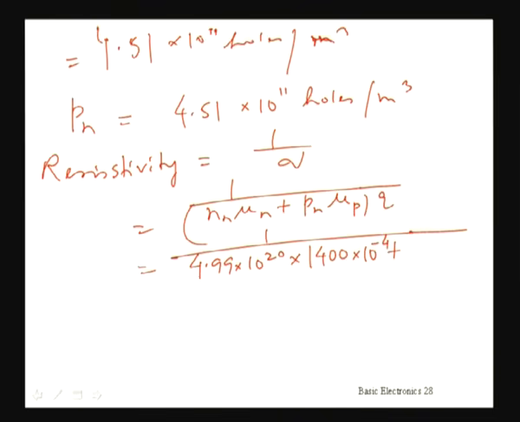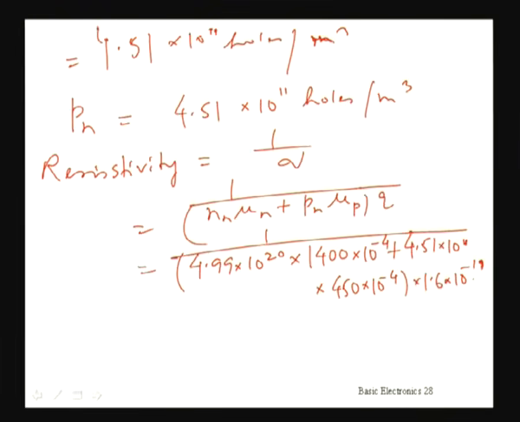the hole concentration I have found out, 4.51 into 10 to the power 11 holes per meter cube, into the mobility of holes, which is 450. Again I will be multiplying by 10 to the power minus 4 to bring it into meter square unit. The whole thing I will have to multiply by q, which is 1.6 into 10 to the power minus 19.